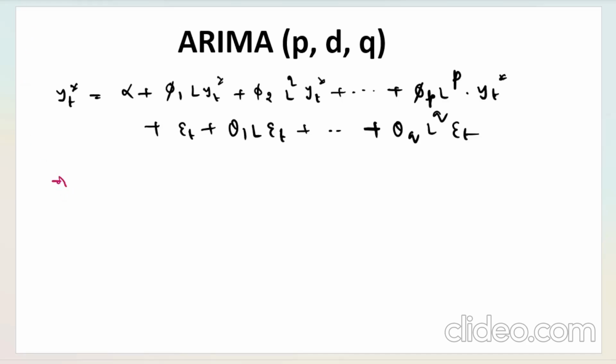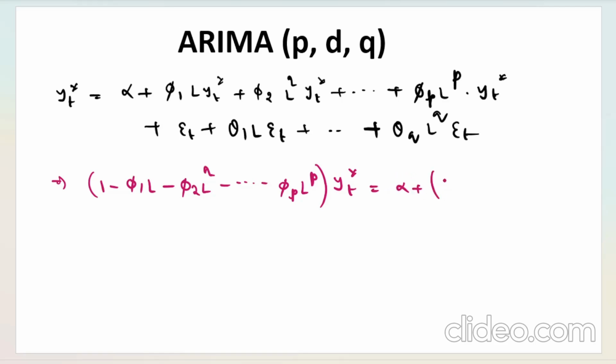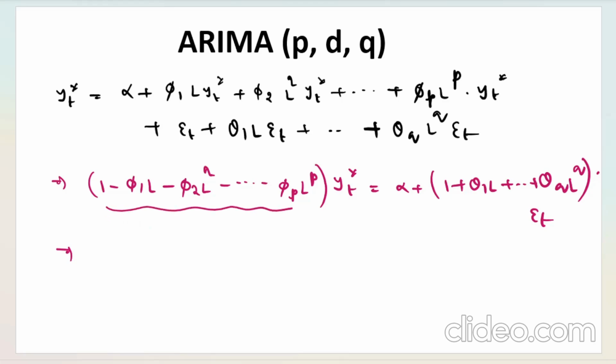So basically what you can say here is that 1 minus phi 1 L minus phi 2 L squared up to phi p L to the power p into yt star is alpha plus 1 plus theta 1 L up to theta q L to the power q into epsilon t. So again we consider this to be this into yt star. By this time I hope you know how I am writing this.